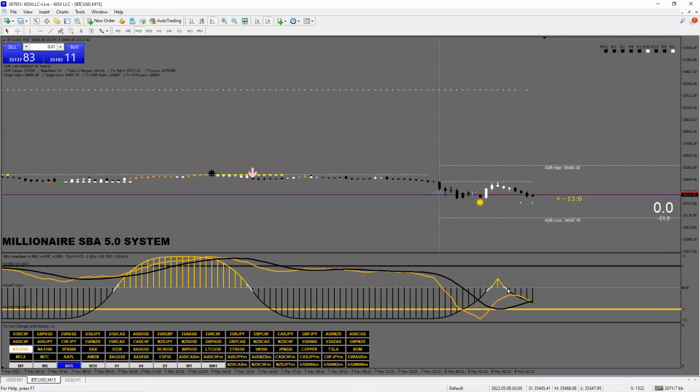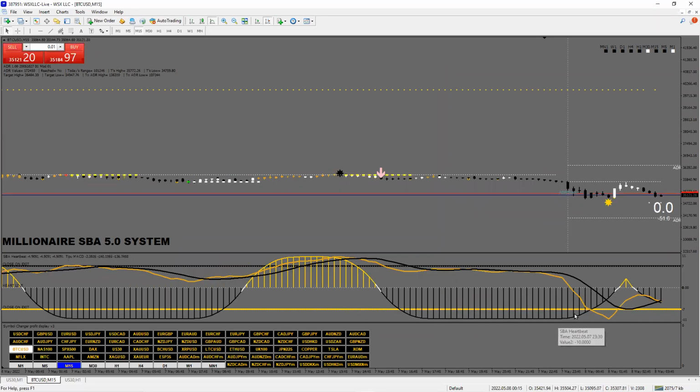But when you read even further, you see the fractal, and you see that the heartbeat increased but then immediately decreased. Your sale heartbeat is very strong, and it's going to be strong as long as it's under this yellow line.